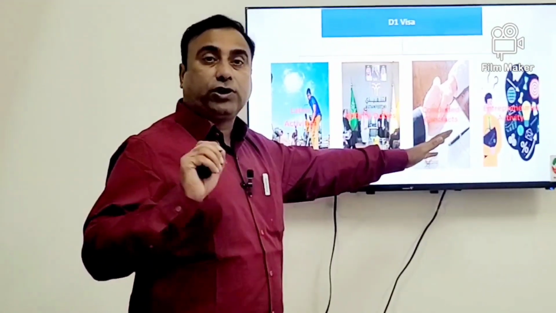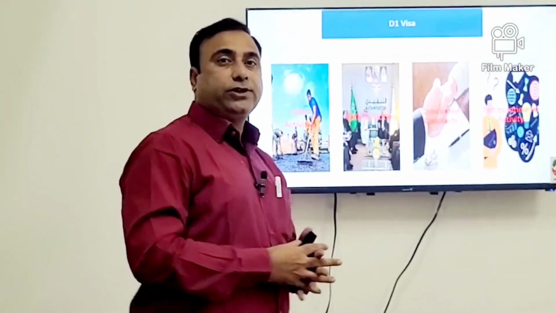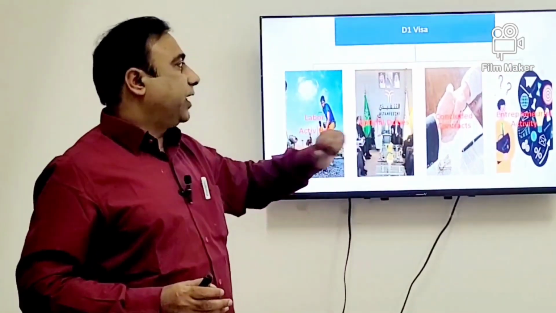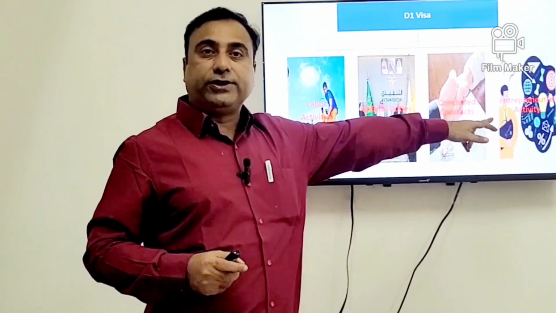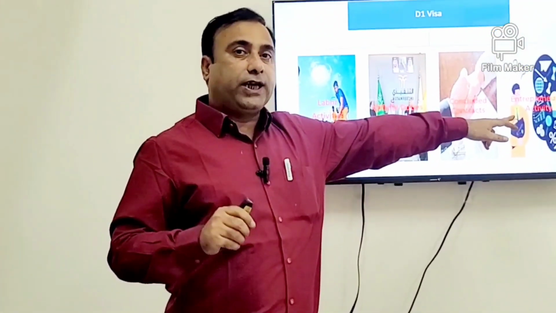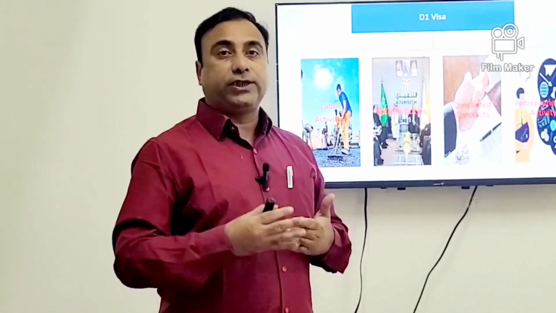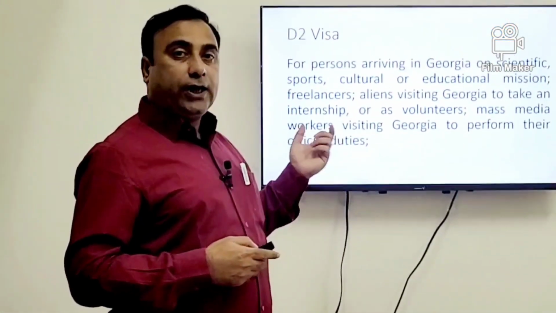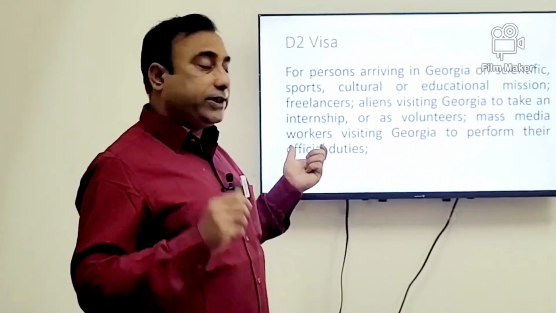Then concluded contracts. Concluded contracts means you are going for a certain job for a certain period. And then entrepreneurial activity, which means you are going to explore the opportunity of opening a business. These kinds of visas come under the category D1.